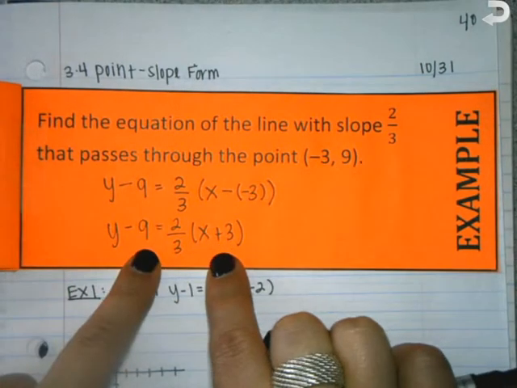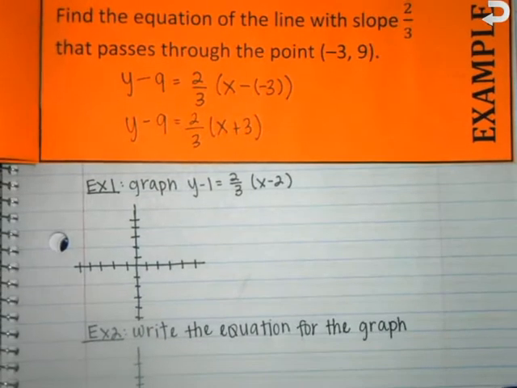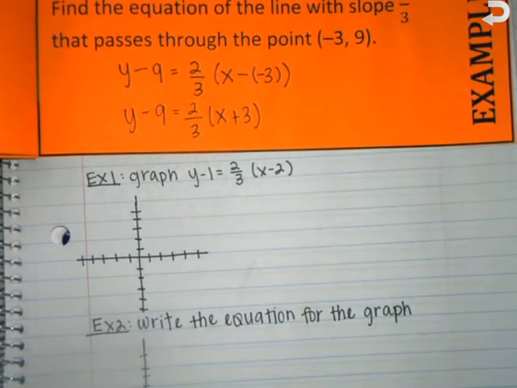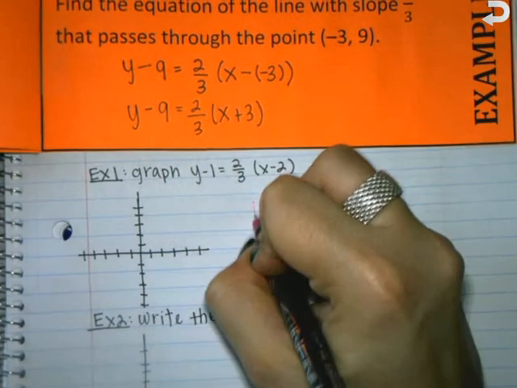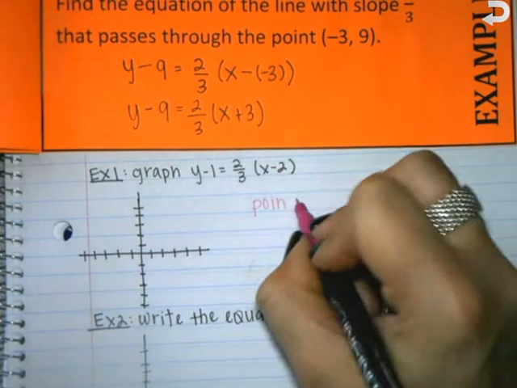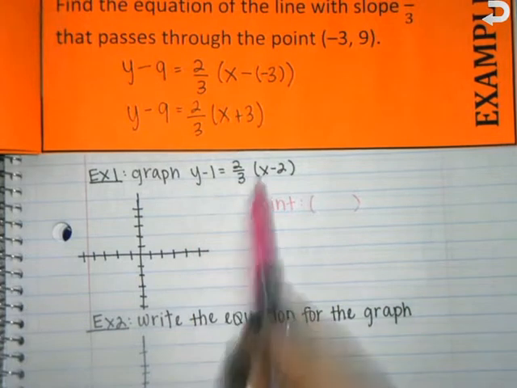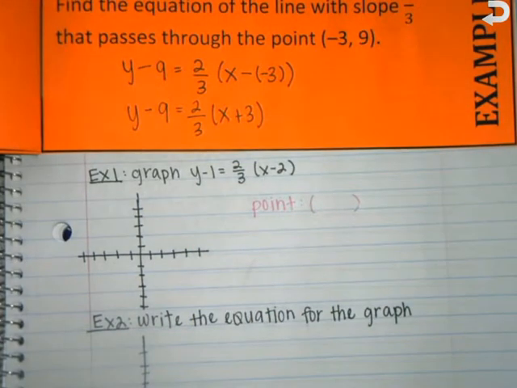Okay, so let's look at example 1. I give you the equation y minus 1 equals 2/3 times x minus 2. First of all, let's find the point. So we're going to pull the point out of here, find the slope, and then graph the whole thing.